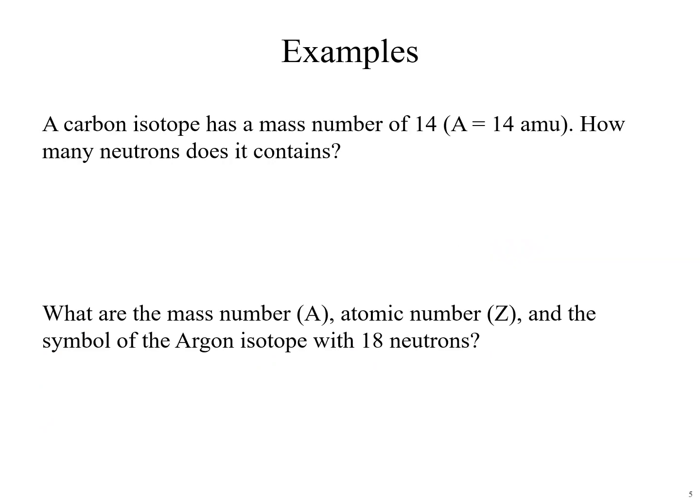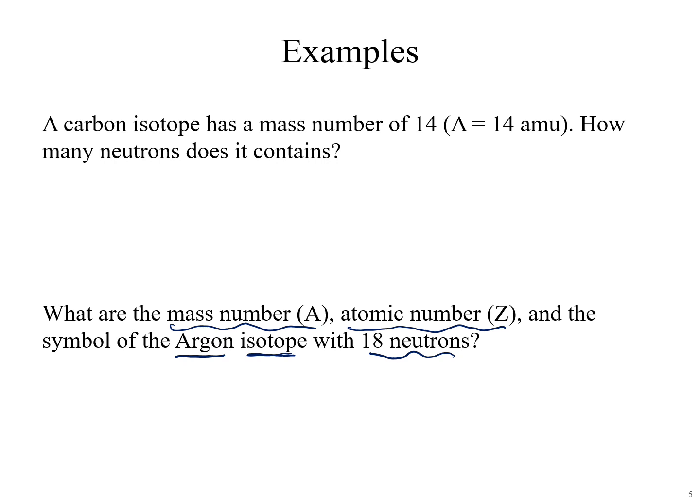And one more, the last one. Mass number, letter A, atomic number, letter Z, and then we're looking at an isotope of argon with 18 neutrons. So we have two possible ways of representing the symbol of an isotope, and I'm going to write down both.